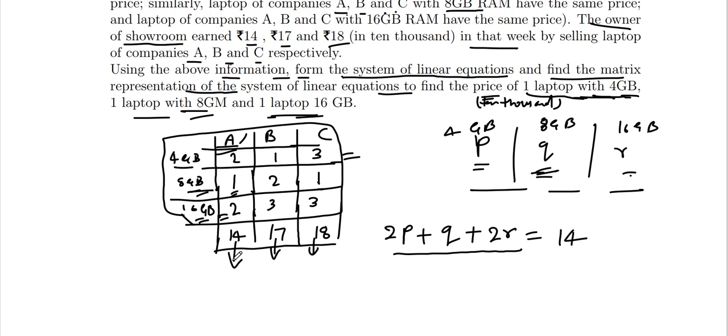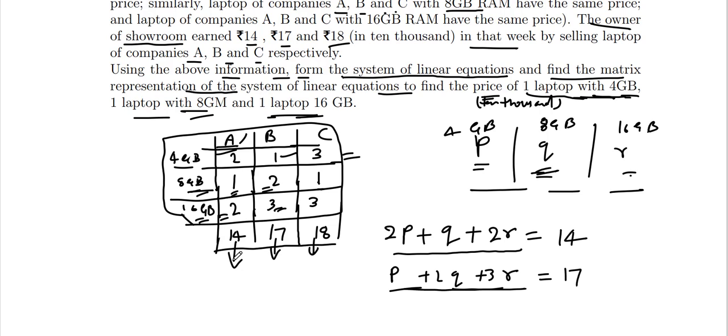Similarly, let's look at company B. He sold 1 laptop of 4 GB, so the price will be P only. And 2 laptops with 8 GB, so this is 2Q. And 3 laptops with 16 GB, so this is 3R. And he earned rupees 17.